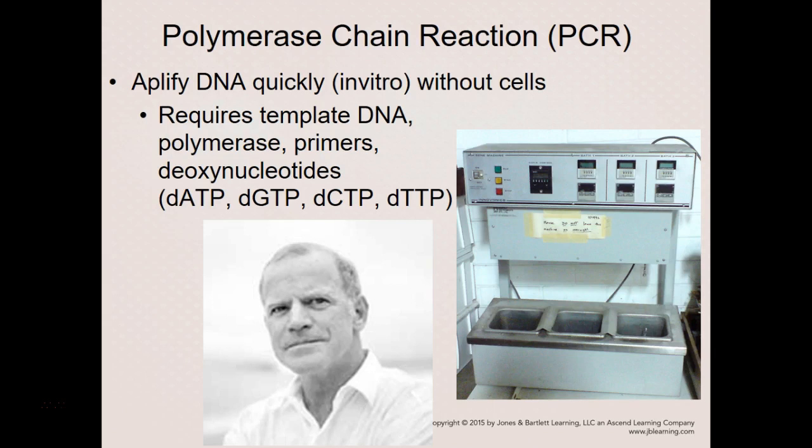If we take all the proper things, the DNA, the nucleotides, we had primers, we had buffers to make sure everything works effectively. We add our DNA polymerase, and then we just heat the cells up to proper temperatures so that we can have the DNA come apart.